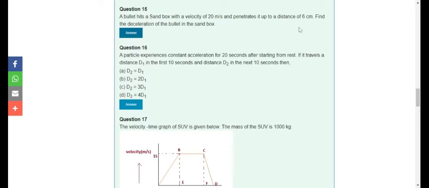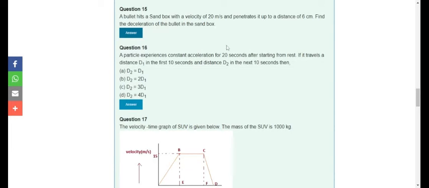Now you can use the formula v squared equal to u squared plus 2as, and from that formula calculate the value of a. The value of a will come out negative. When the value of a is negative, it means that the object is decelerating, so you will get the deceleration.